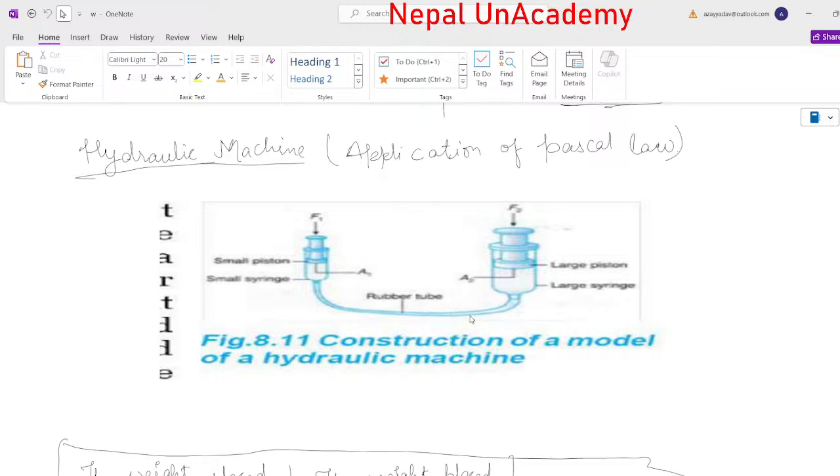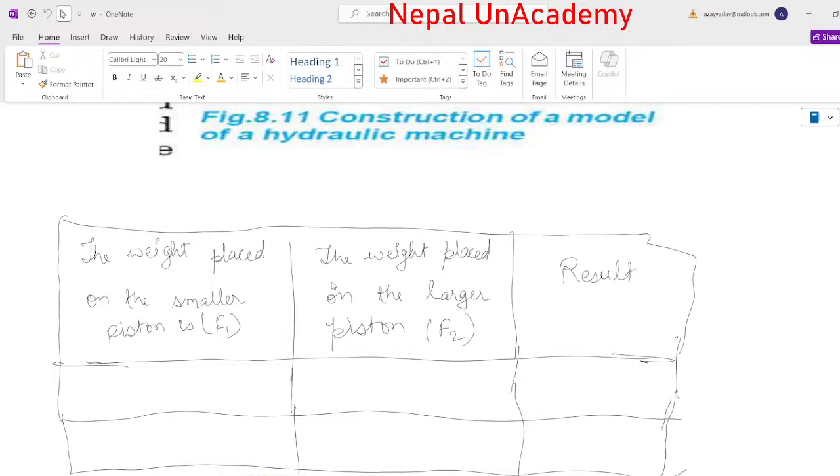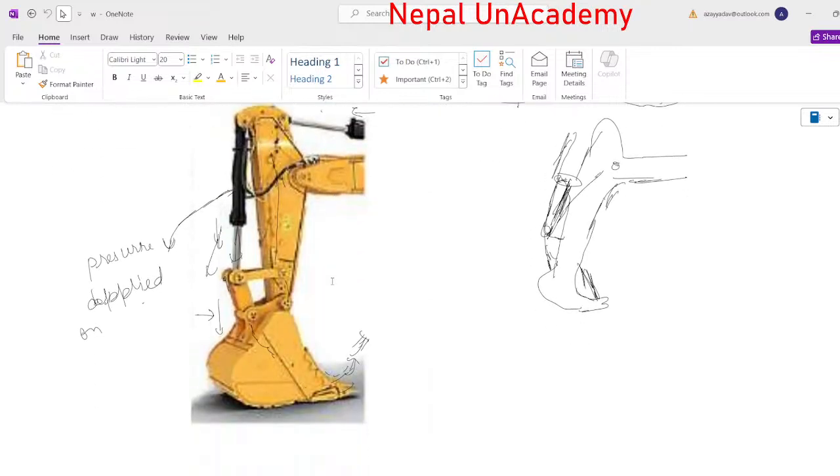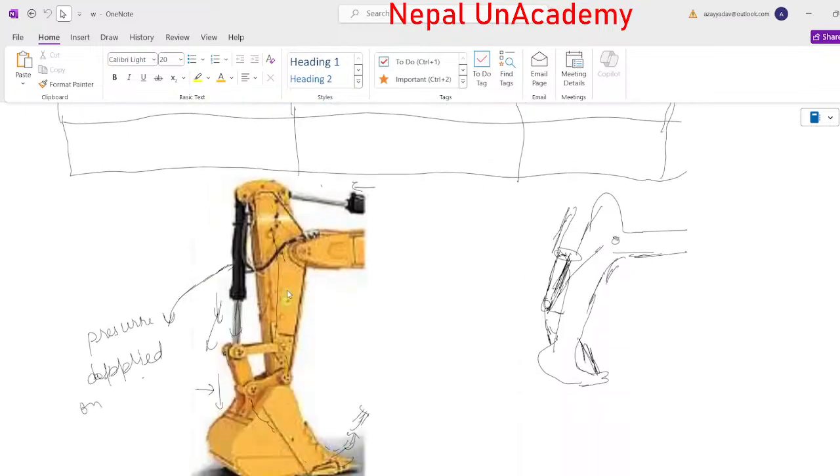We have seen how the piston of a larger syringe holds the weight on the piston of a smaller syringe, up to what weight it can hold. And we also showed how the hydraulic machine works with the pressure principle.